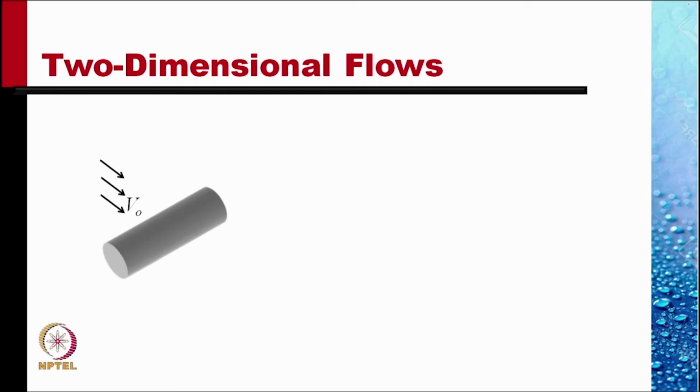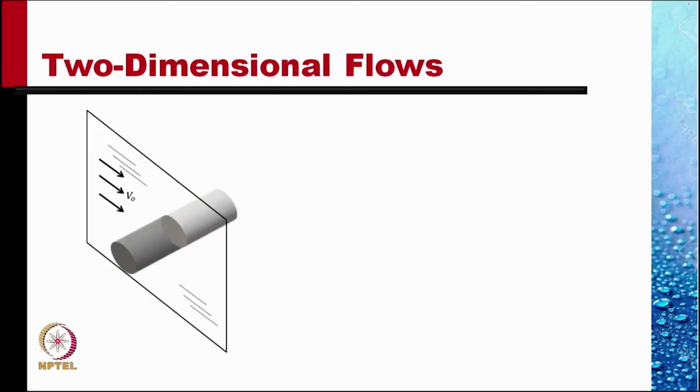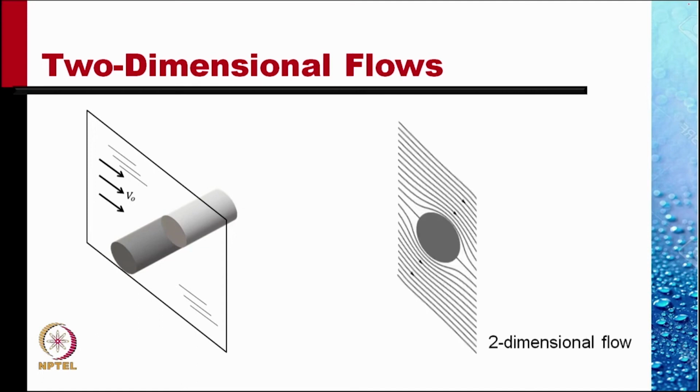Consider a flow past a circular cylinder with a velocity v0. If we take a plane perpendicular to the axis of the cylinder and look at the flow in that plane, we would see the flow within the plane to be like this.